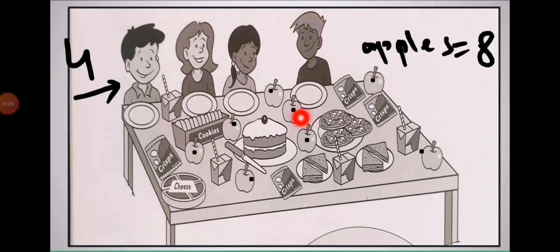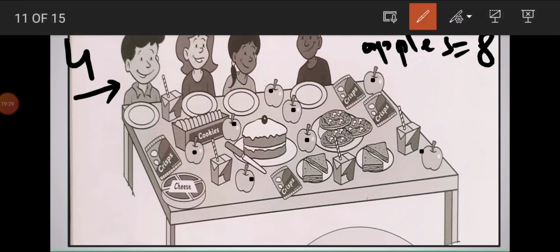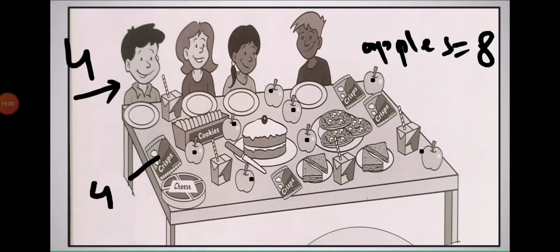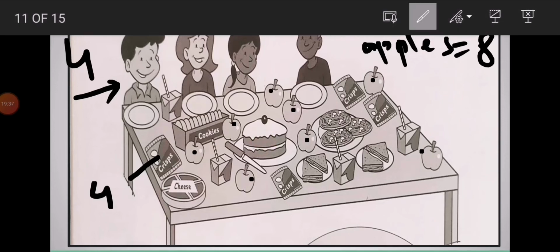Right? Then count the crisp packets. 1, 2, 3, 4. The crisp packets are 4. Now check the cake. There is only one cake. Count the pizzas. How many pizzas are there? Pizzas are 3. 1, 2, 3.